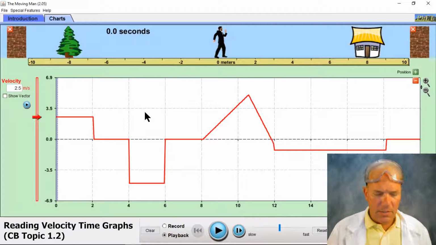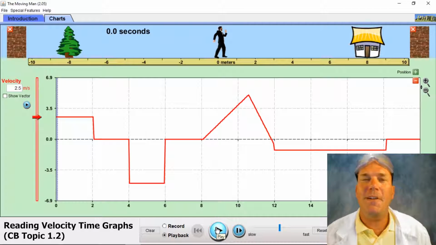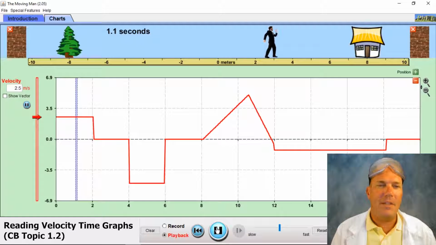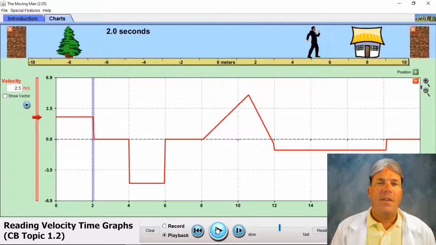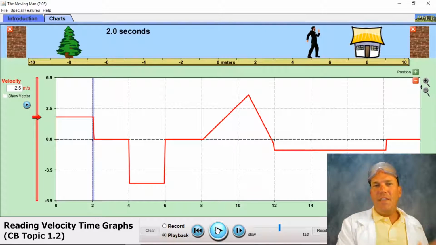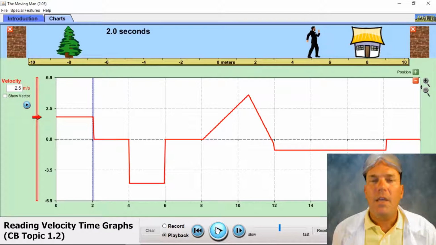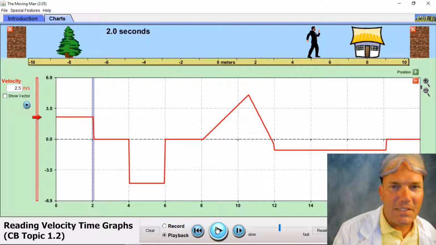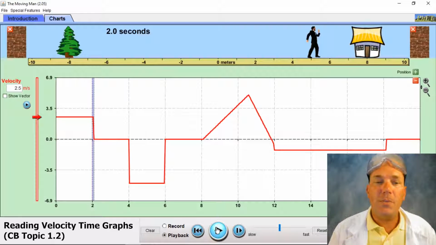So let's go ahead and get started with segment 1, which is approximately 2 seconds. And let's look at what the moving man does here. And we see that he moves off to the right with a constant velocity of 2.5 meters per second.